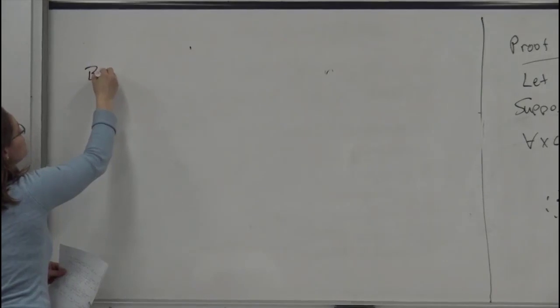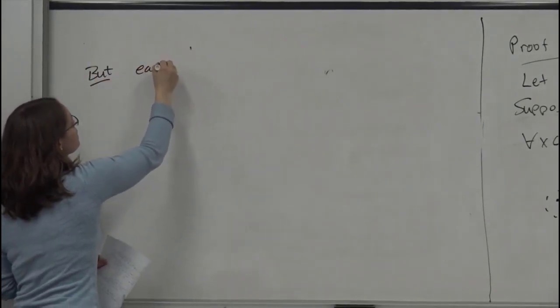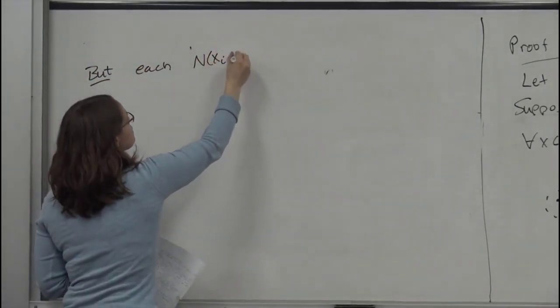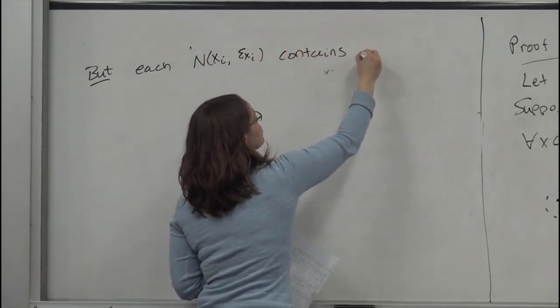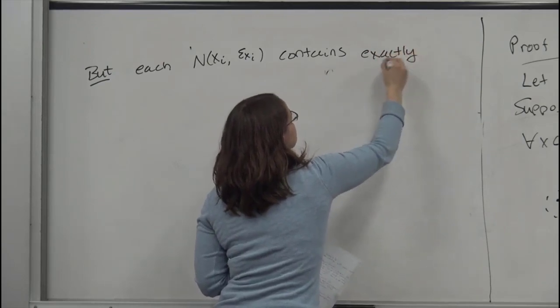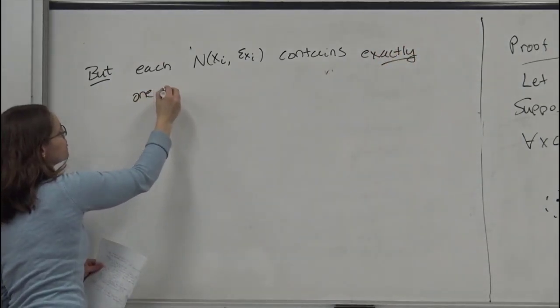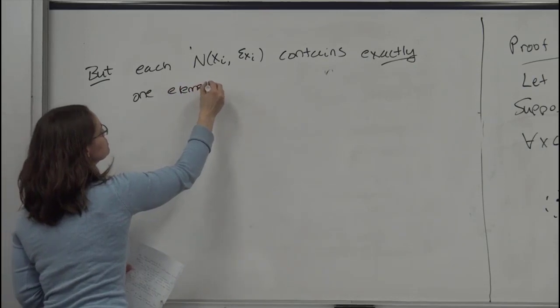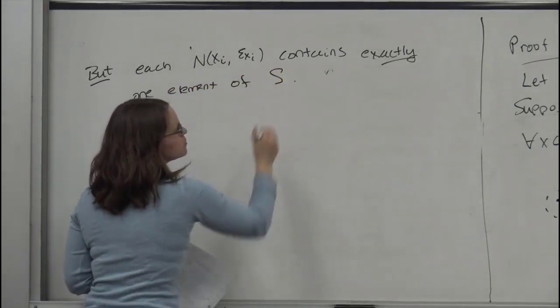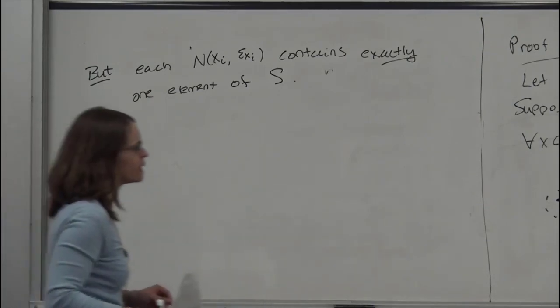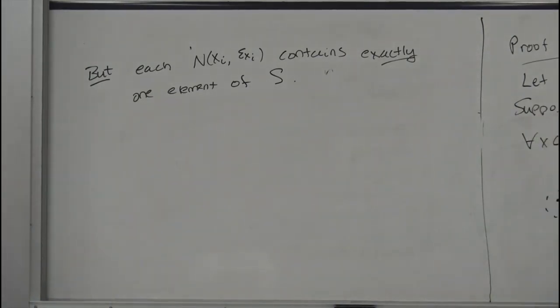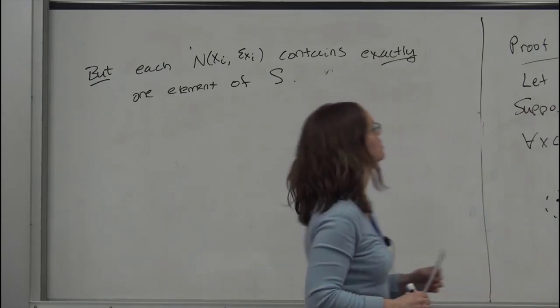Okay, so this is our problem here. Each of these neighborhoods contains exactly one element of S. So the fact that S is contained in this set means that S can only be x1, x2, x3, up to xk. It has to be one of those.